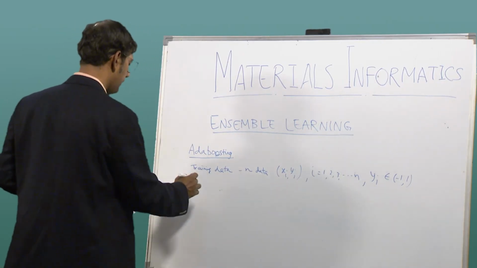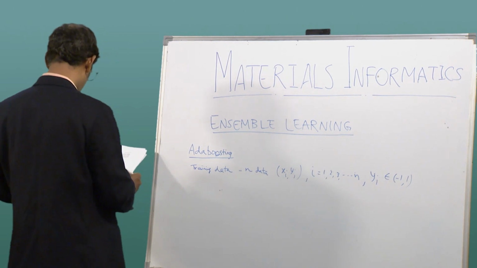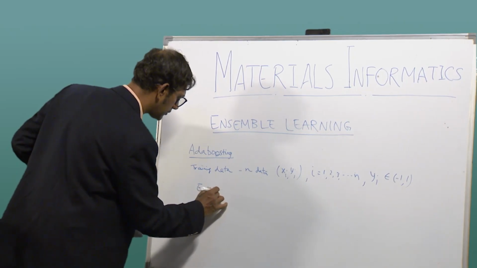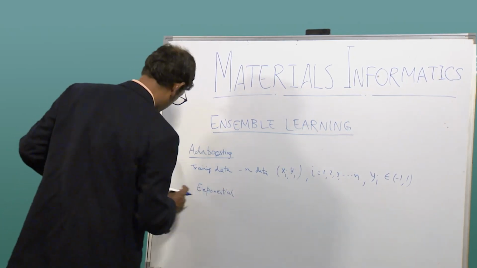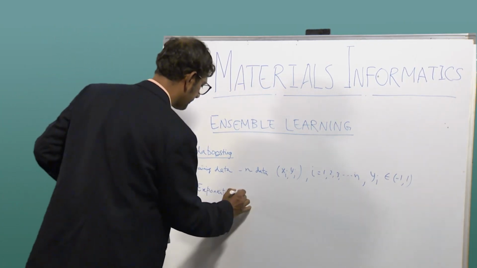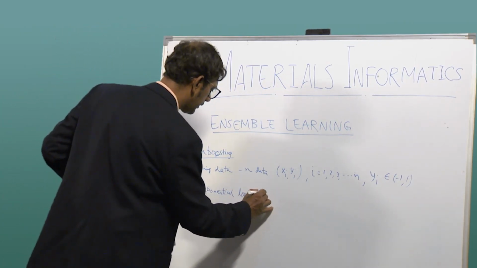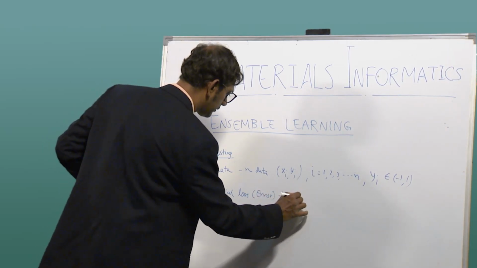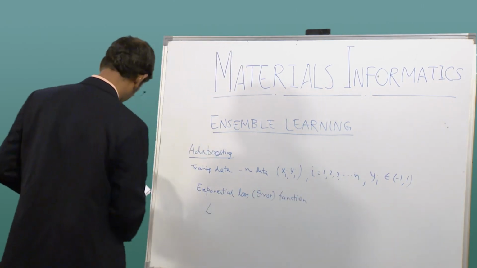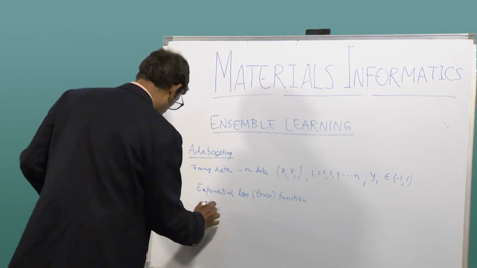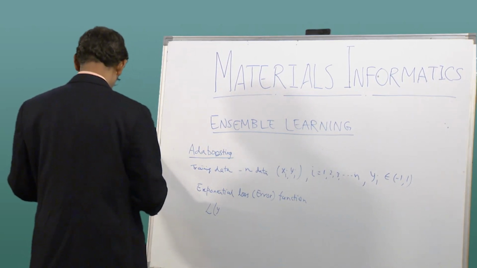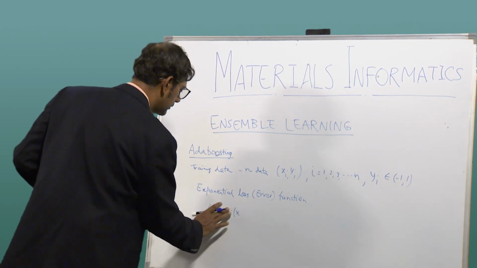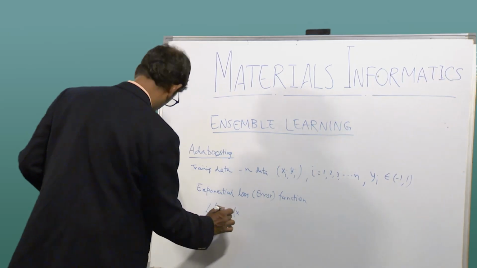So this model is developed based on the exponential loss function. You can also call it the error function or loss function. The loss function is the sum over i from 1 to n of exponential of minus yi times g of xi, where g are the learners.